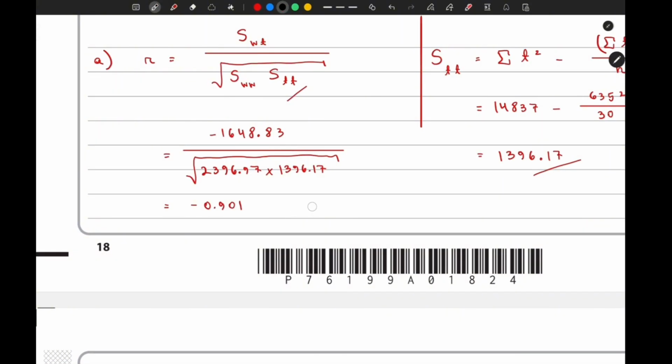First of all, this is a negative value, which means a negative correlation. And the second thing is that it is close to -1, which means a strong negative linear correlation.